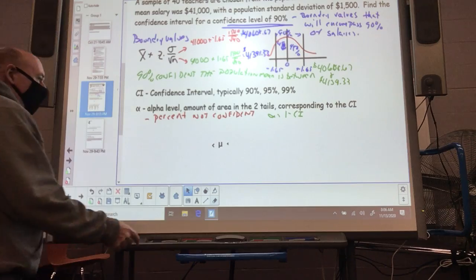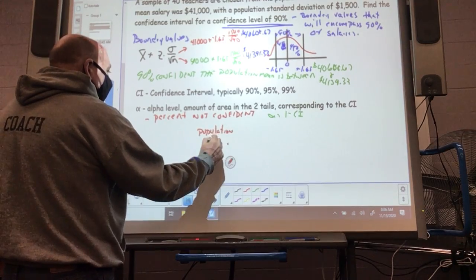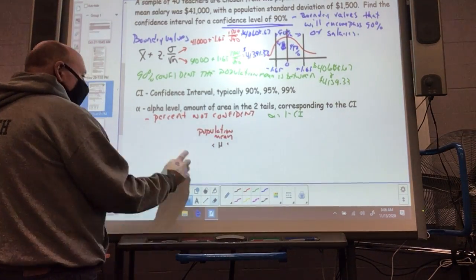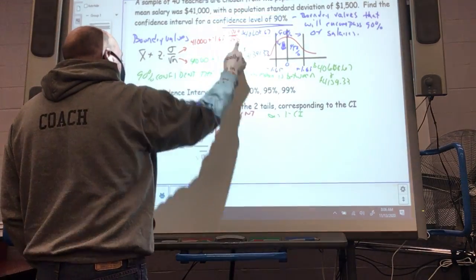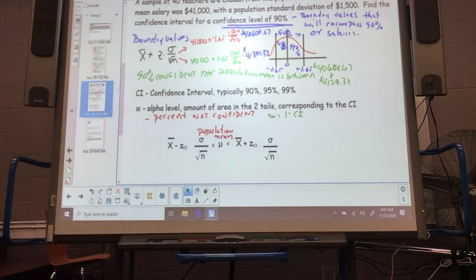This here is your population mean. Your population mean will be in between x bar minus your z value for the confidence interval times your standard deviation divided by square root of n, and x bar plus the z value times the standard deviation divided by the square root of n.